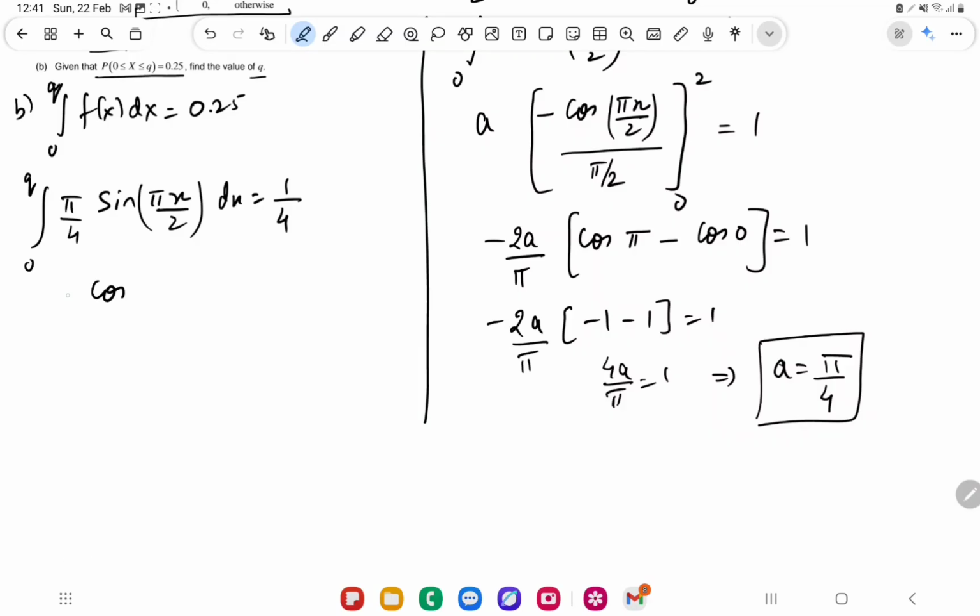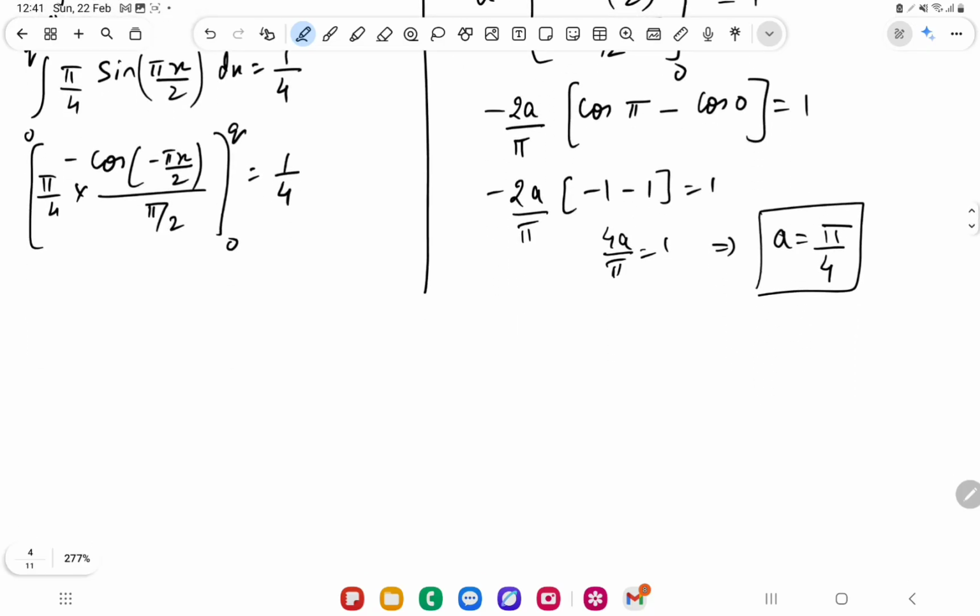Now on integration, the integral of sin x is minus cos(pi x by 2) whole divided by pi by 2, and now I have to put the limits from 0 to q, and it is equal to 1 by 4.